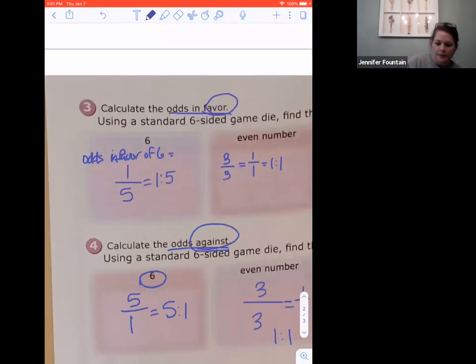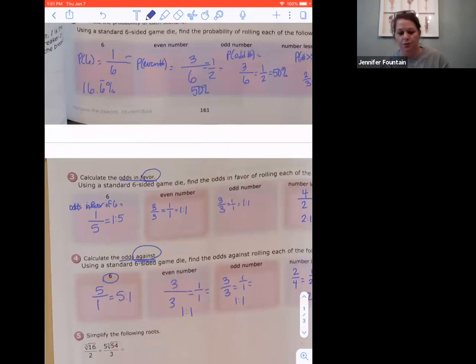So let me see what we're going to do. I want to practice this some more, but there's really not more practice in the book.